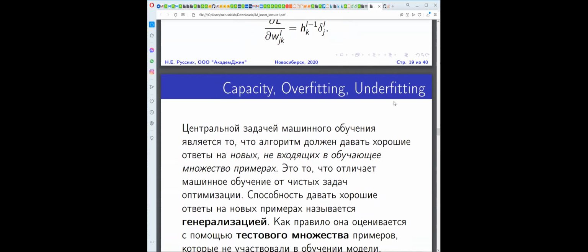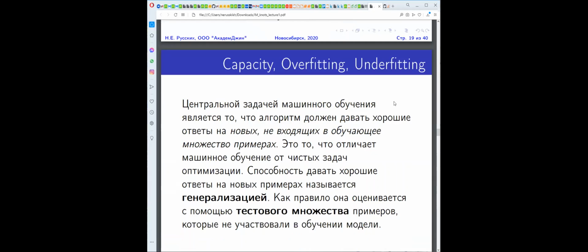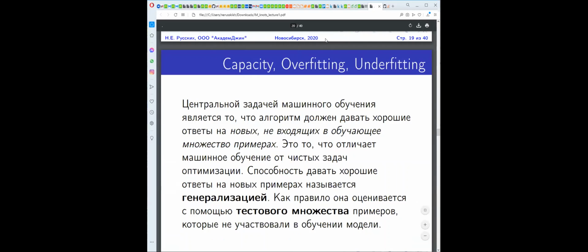So far we haven't seen anything out of the scope of optimization problems.